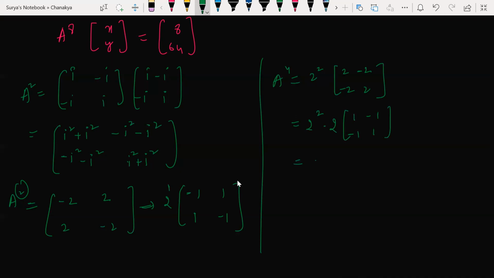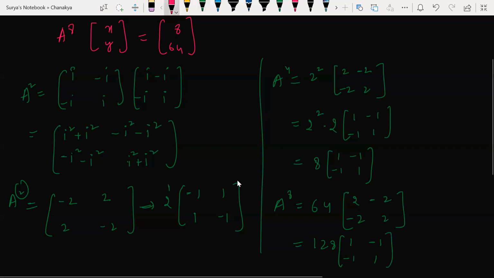So 2 to the power of 4 is 16, and 64 is 2 to the 6. A to the power of 8 is 2 to the 8 times the matrix with minus 1, 1, which is 128 times the matrix. Correct? So this is what I got.